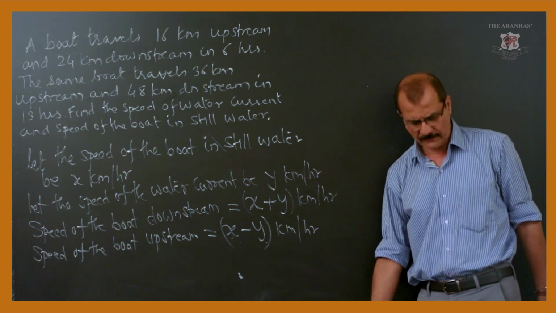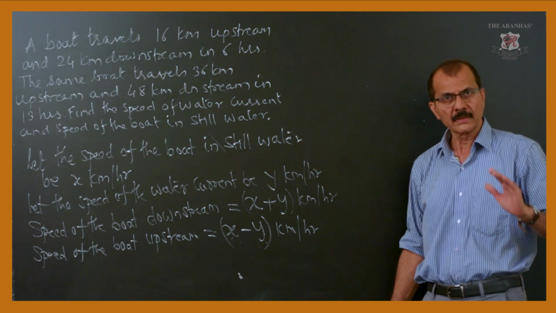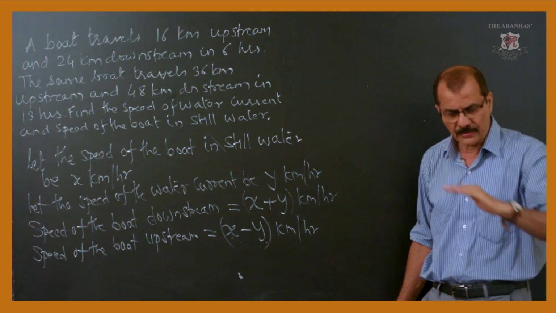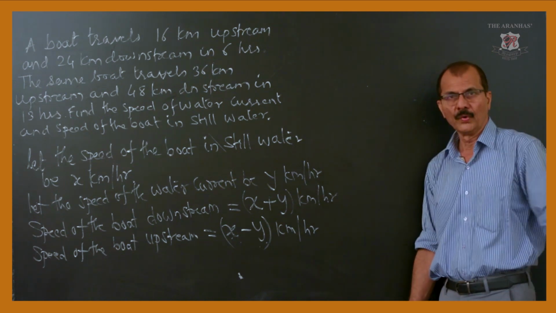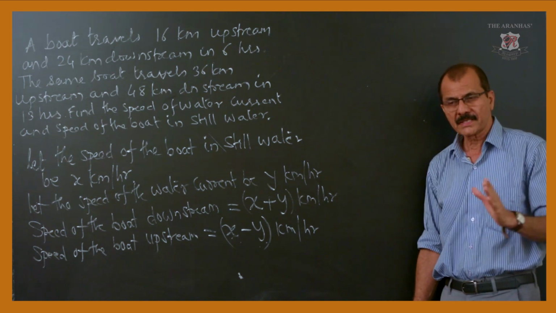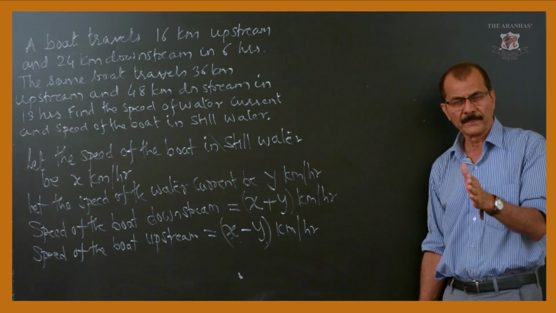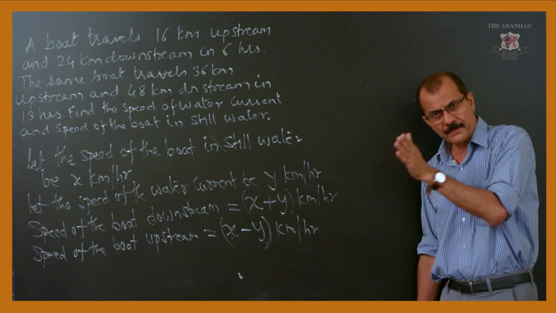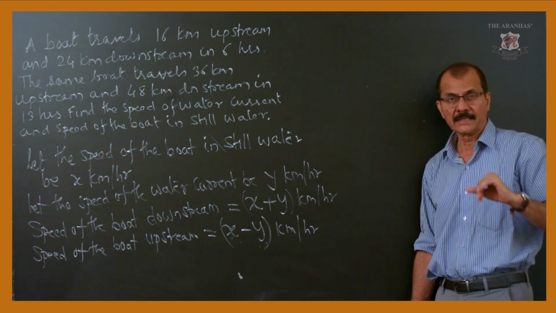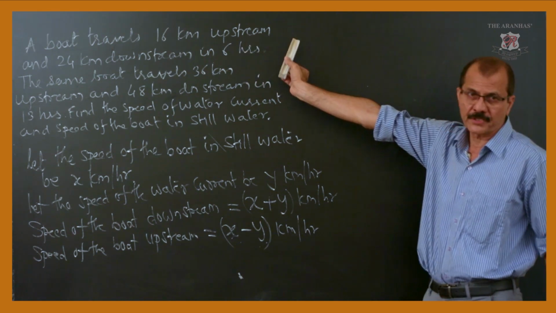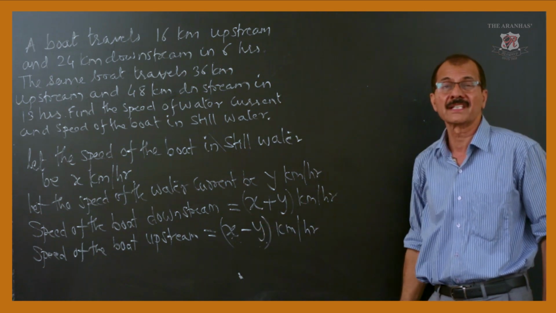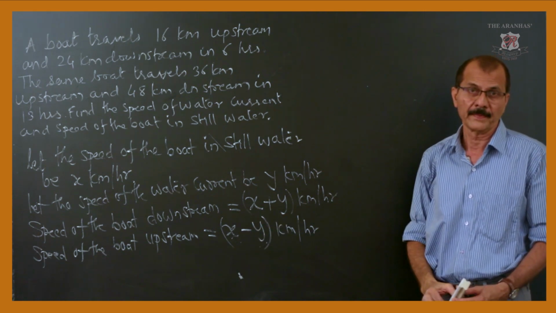Once you get the speed of the boat upstream and downstream, now we know the distance covered upstream and distance covered downstream. Now, it has covered a distance of 16 kilometer upstream.